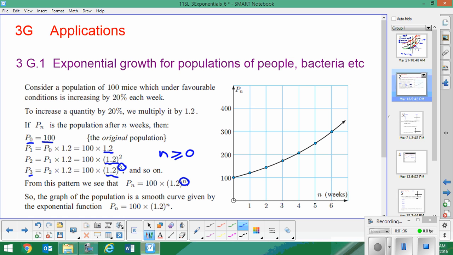When you graph that, here's our exponential curve, like we've seen in our previous example. Note in this case, our y-intercept, which is our population, is at 100 when n equals 0, and that multiplier, the a value, is causing that to be at 100.